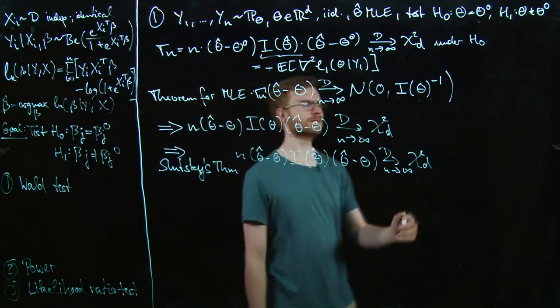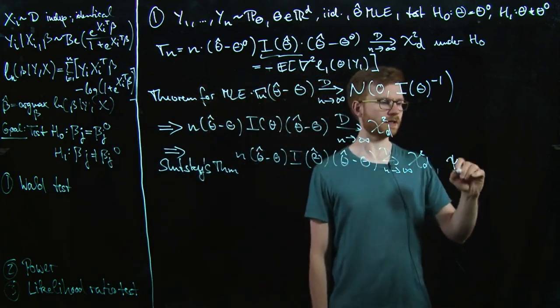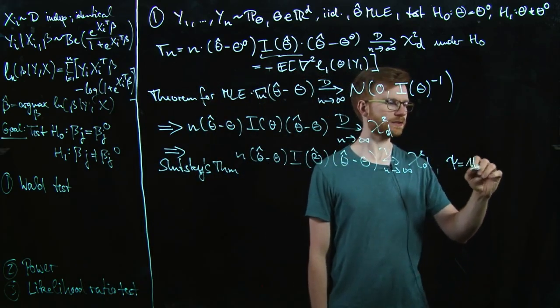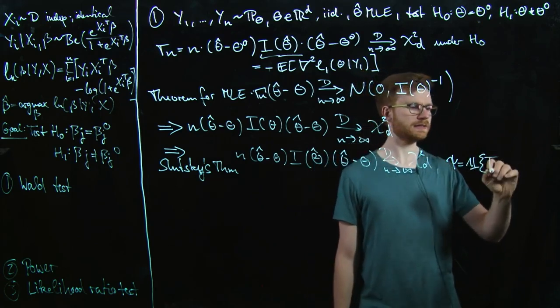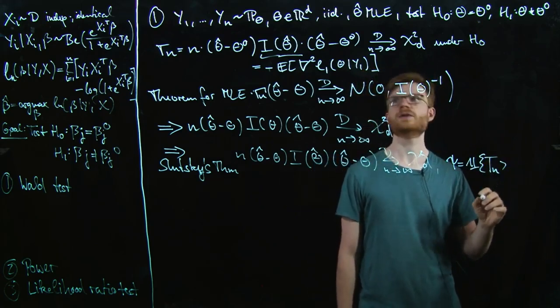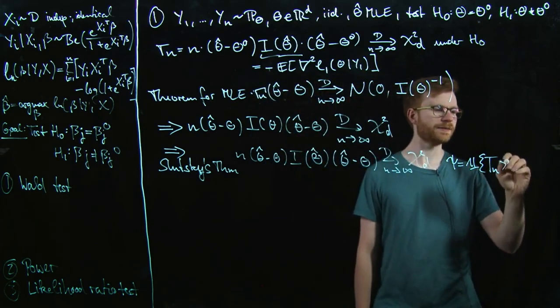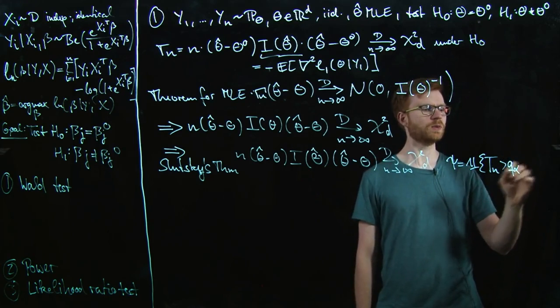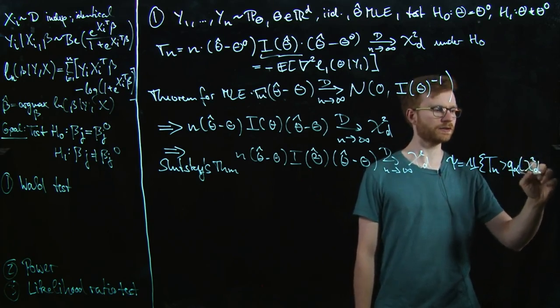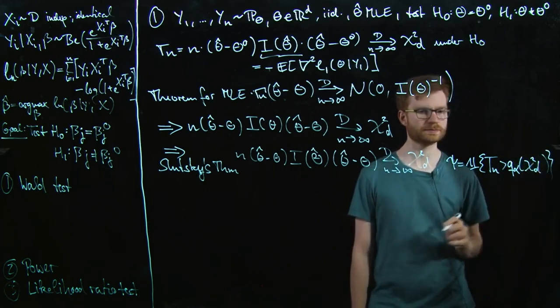And the test that you get, psi, would just cut off Tn, where Tn I wrote down with theta naught, at the 1 minus alpha quantile of the corresponding chi-square distribution.